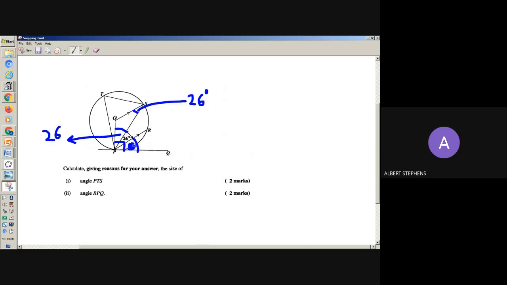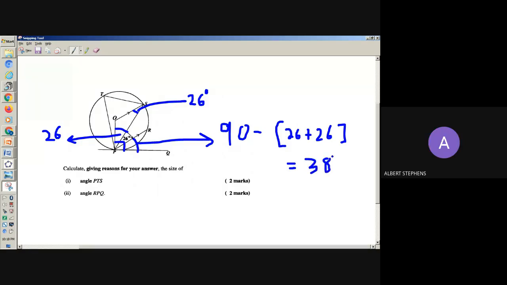So you'll say it's 90 subtract the sum of 26 plus 26. Somebody work on that for me, please. 38. Can somebody second that for me, please? 38. Thank you.